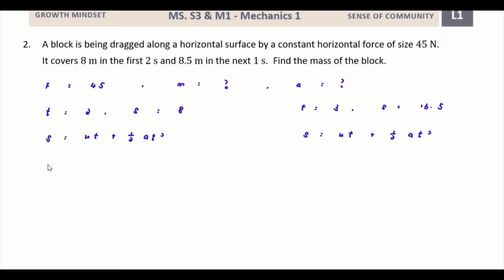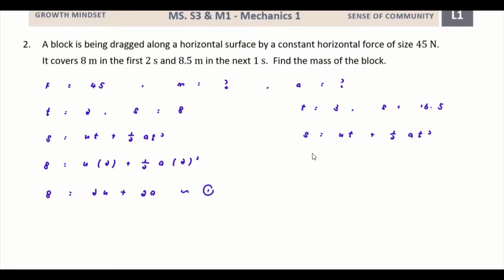The first one, we have s is 8 and u is an unknown, then t is 2 plus 1 over 2, a is the variable, then t is 2 and square. So from here we get 8 equals 2u plus 4, so 2a. So that's my first equation.